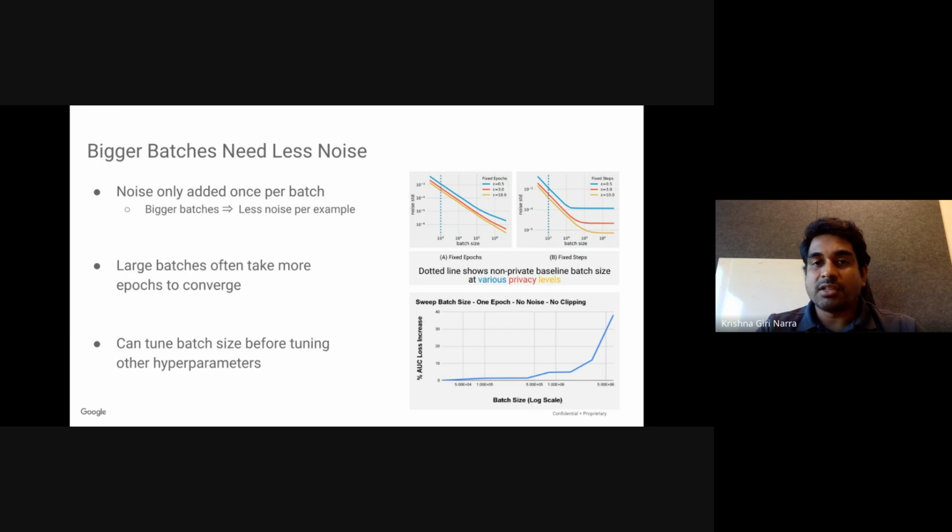So during our implementation, we first sweep batch sizes while fixing other parameters, with no noise and no clipping, for one epoch, to find the best batch size. One way is to find the batch size where the AUC loss has been increasing gradually and then increases suddenly. So you can choose the transition point as one good option.